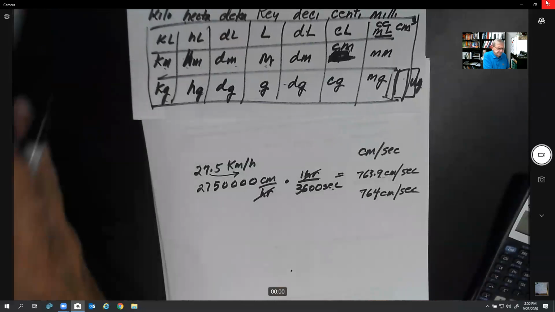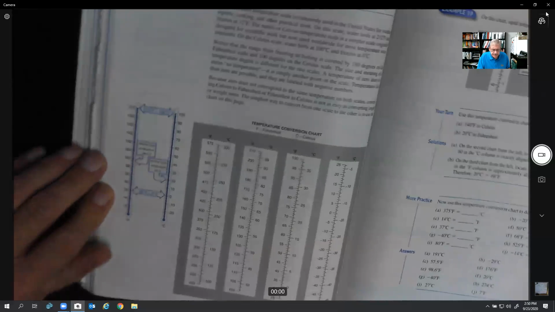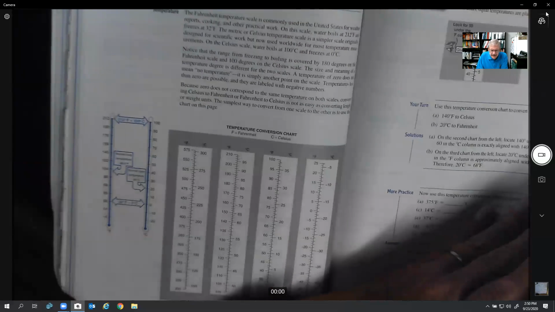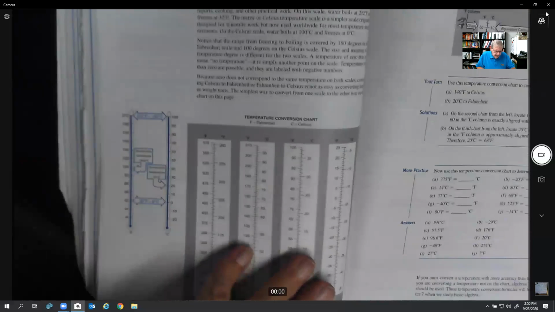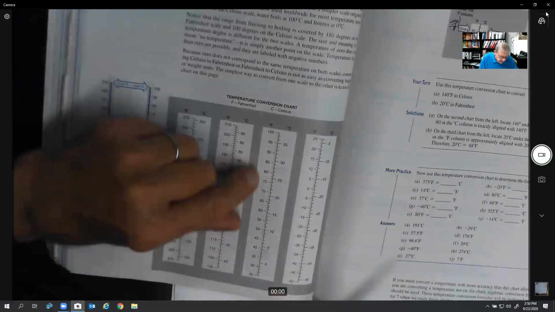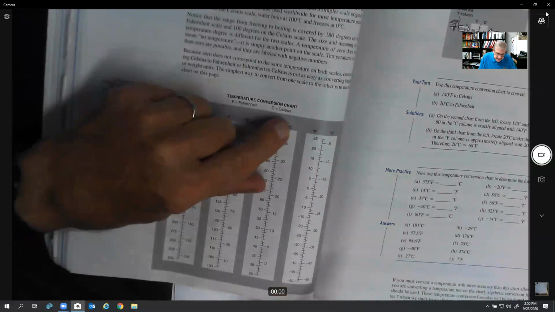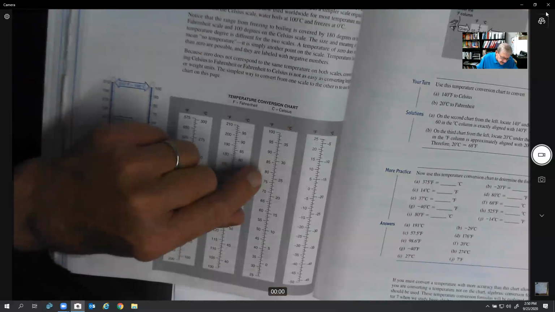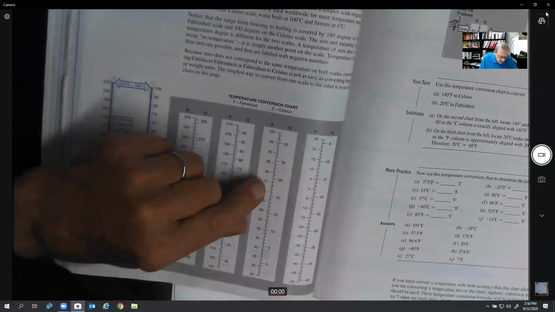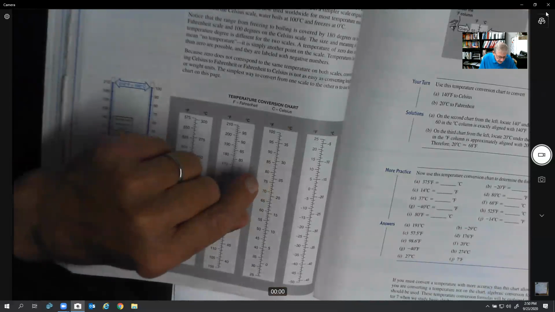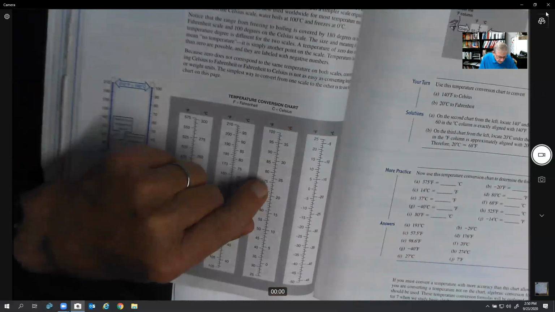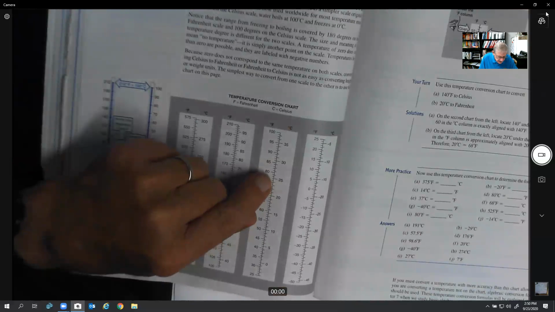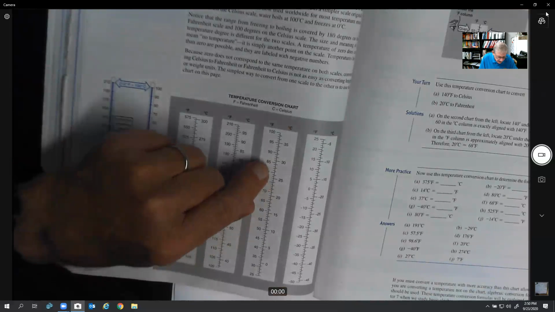One last thing, you're going to get a table in your book that looks like this. I don't know if you can see this very well, but this is a conversion table. These are in Fahrenheit, and this is in Celsius. One that's easy to see is right here. Reading up this thing, each degree, 75, 76, 77, 78, 79, 80.